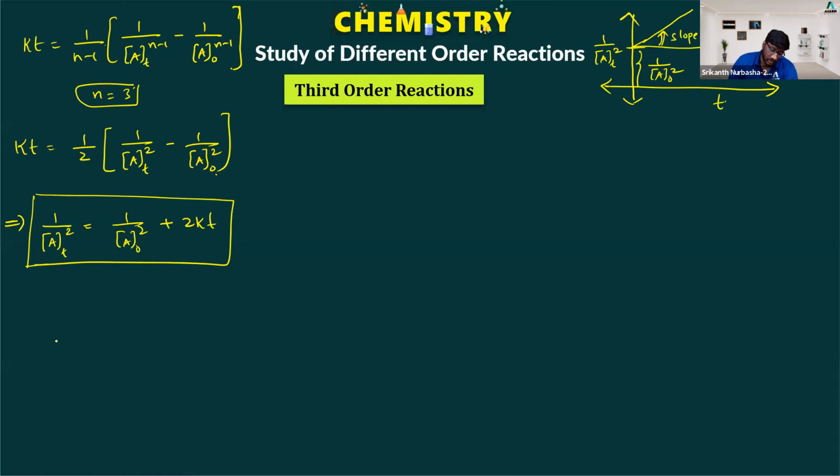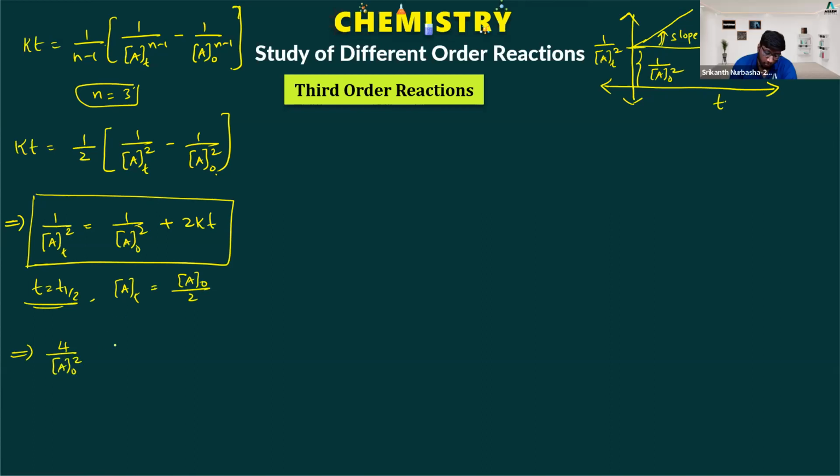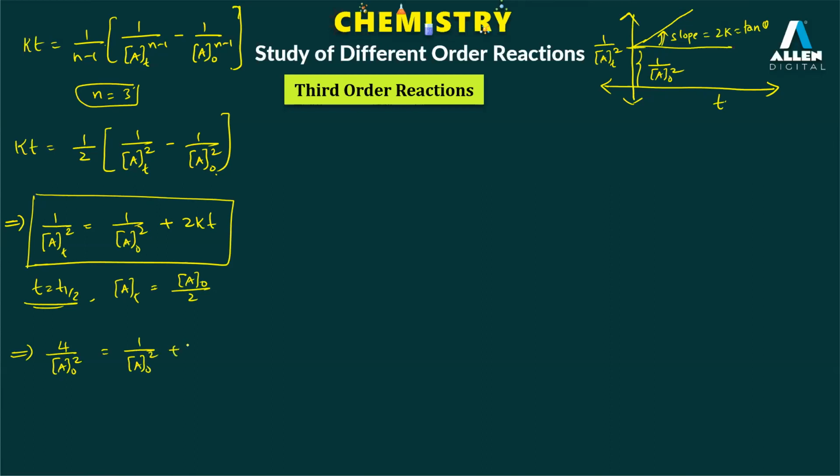Very good. And at time t equal to t half, concentration of A at time t is equal to concentration of A at time t equal to 0 by 2. So we will get 4 by A naught square is equal to 1 by A naught square plus 2k t half.